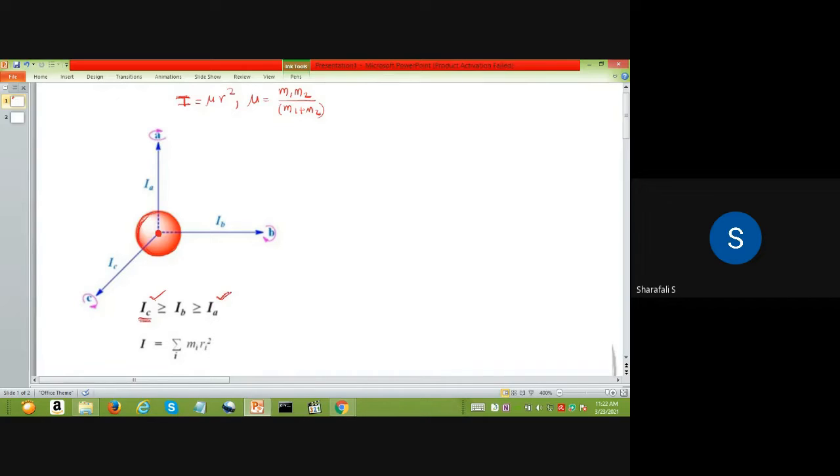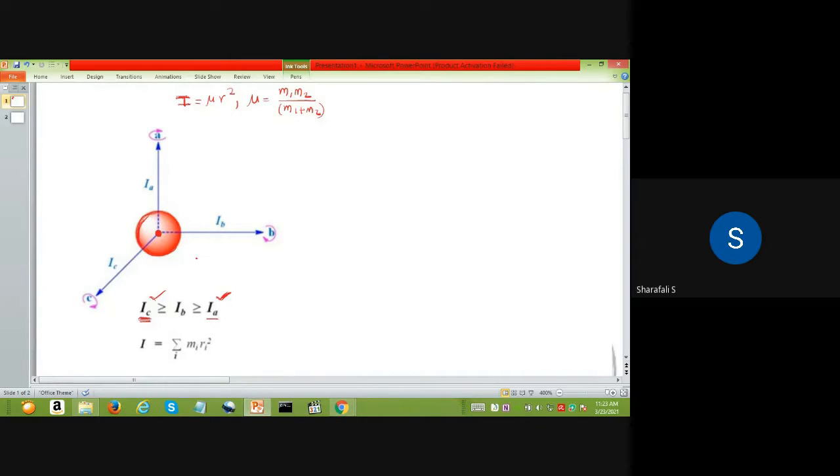So IA will be the smallest moment of inertia, IC will be the largest, and IB is in between.